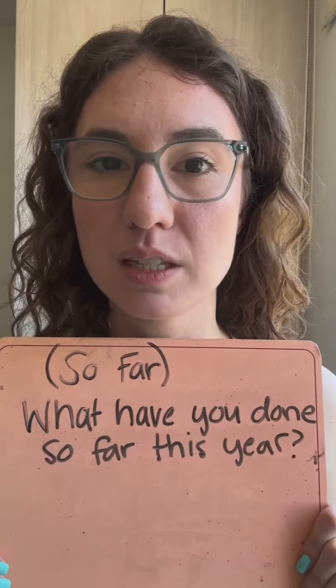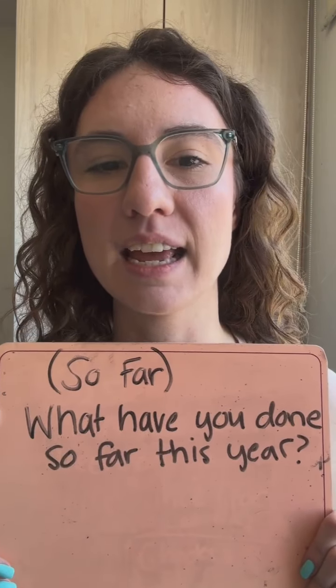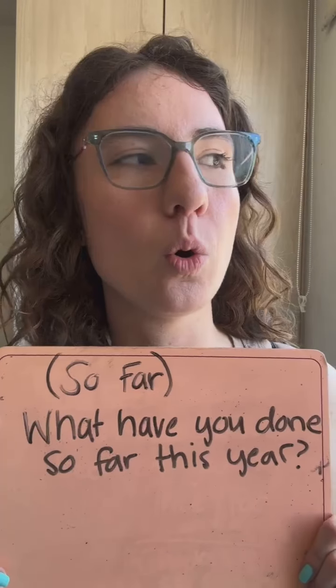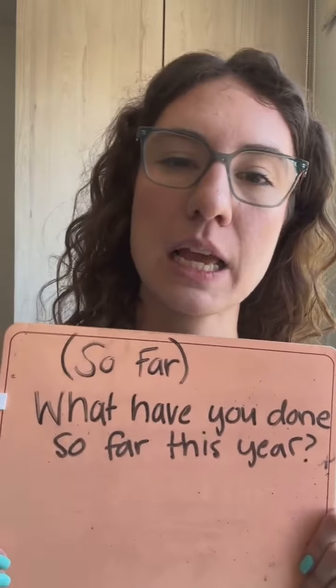So if I want to talk about something very specific that happened in a specific time, I can say, I went to my sister's wedding, or I visited my family in the past tense.